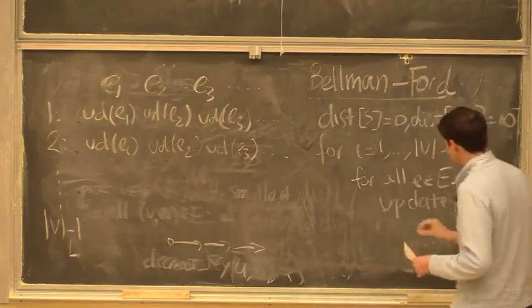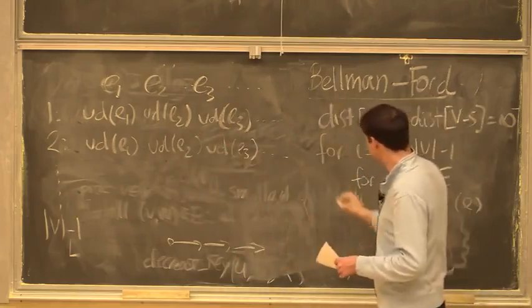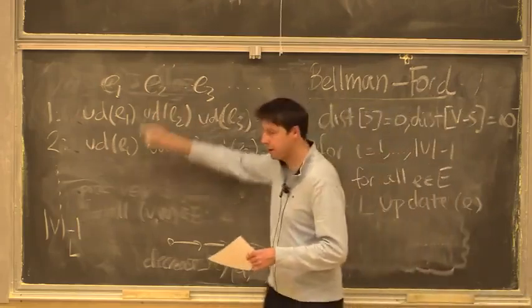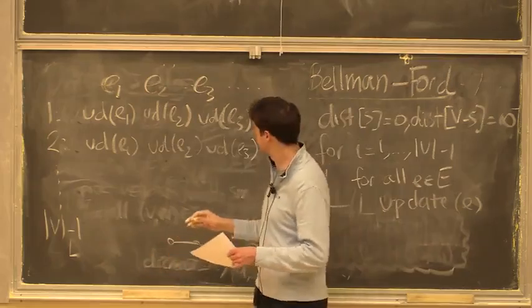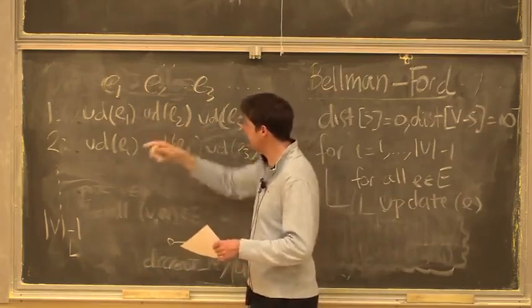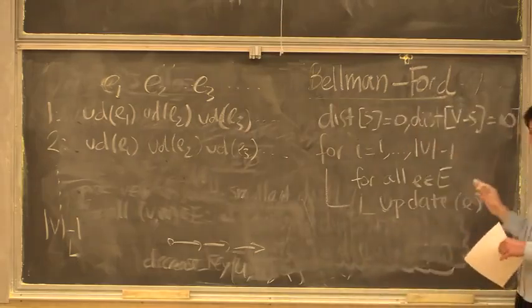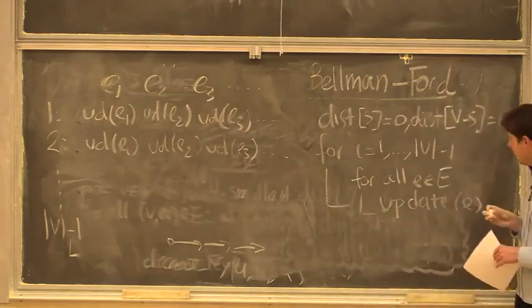OK? So this inner loop is each row here, and the outer loop, so each inner loop is a column, not a column, it's a cell, right? And the outer loop is taking you down the rows. OK, it's a very simple algorithm. OK, what is the running time?